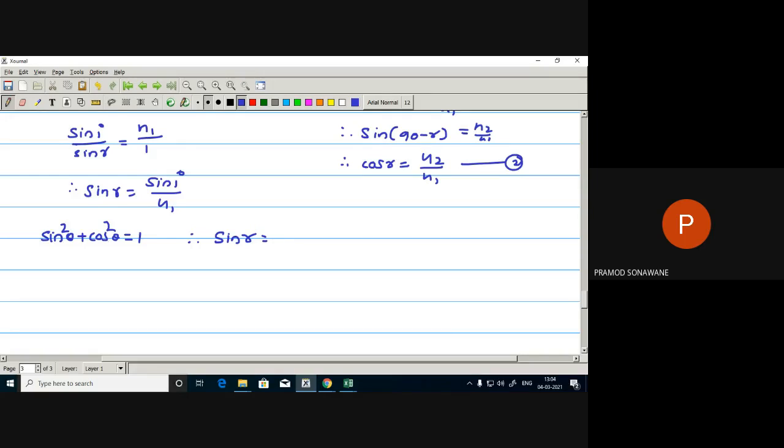So sin square r is equal to 1 minus cos square r. So if I take the square root of this, under root of 1 minus cos square r. So if I put this value of sin r here, I will get sin r is equal to, same as equation 3.